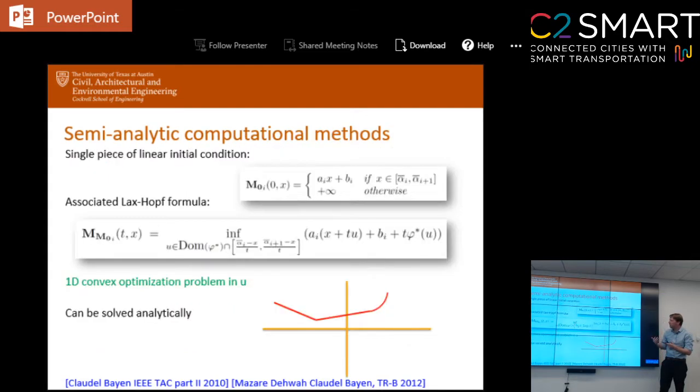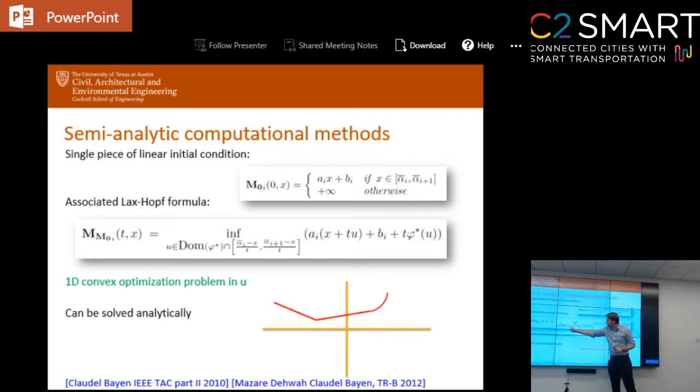So how does that information propagate? If we plug this expression into the Lax-Hopf formula, what we get now is an optimization problem that involves only a single variable, because you can actually write a relationship between the two variables that we dealt with. And what is interesting is that the optimization problem involves the variable u, so you have a single variable.